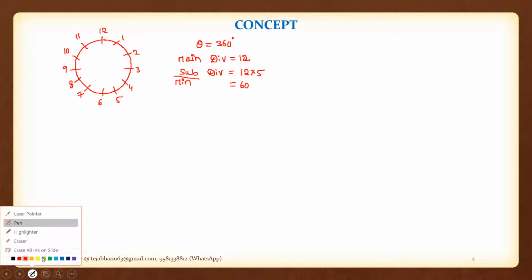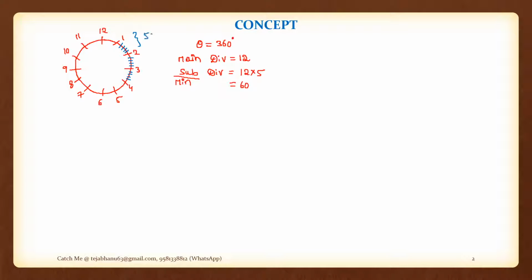If you clearly observe, between 1 and 2, between each and every hour, there are four subdivisions, which gives us 5 minute spacings.